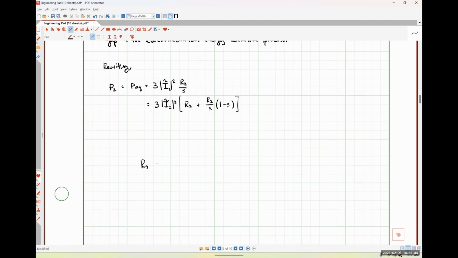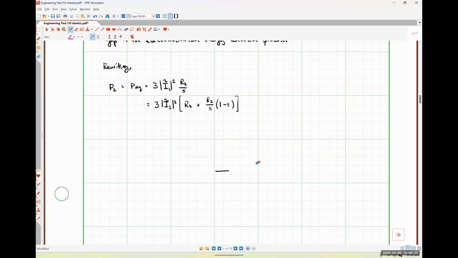So we would have R2 plus R2 over S times 1 minus S is going to be equal to R2 plus R2 over S minus S times R2 over S. If I have this guy right here as S over S, then this guy right here cancels this guy right here, and I'm just left with the R2 over S that I started with. Okay, so just showing you how the math bears out.